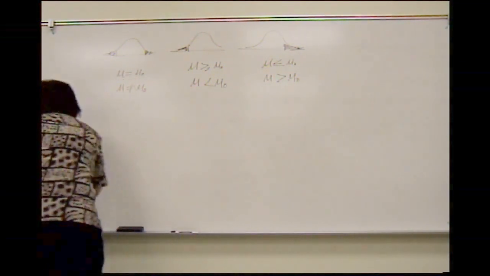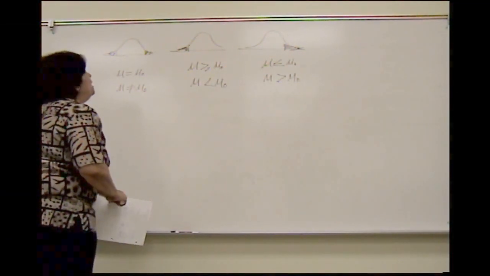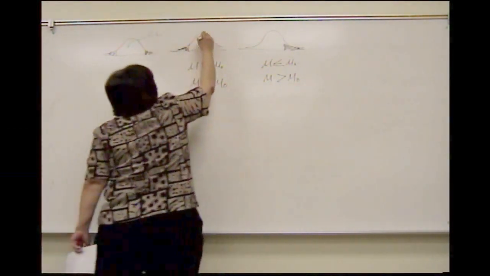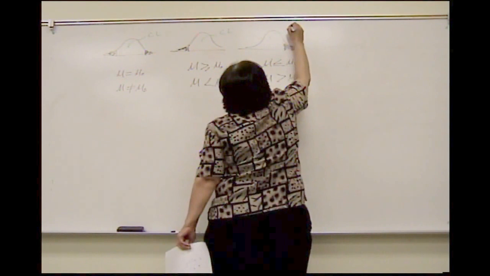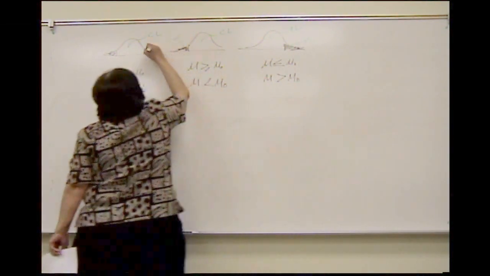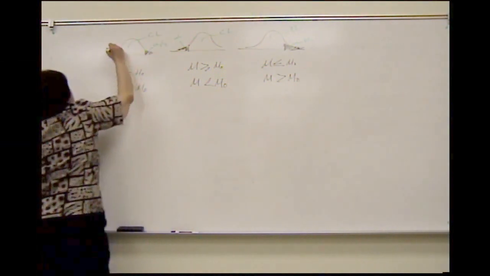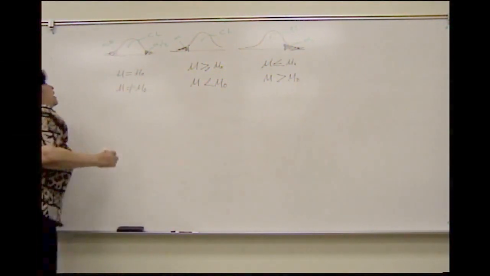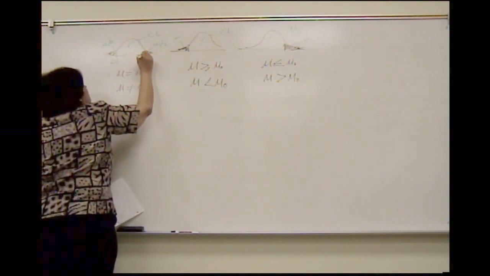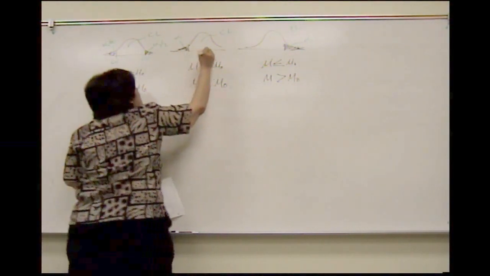An important part of alpha is what? Alpha is the significance level, so this is alpha, this is alpha divided by 2, and this is alpha divided by 2. And these values over here are the critical values.